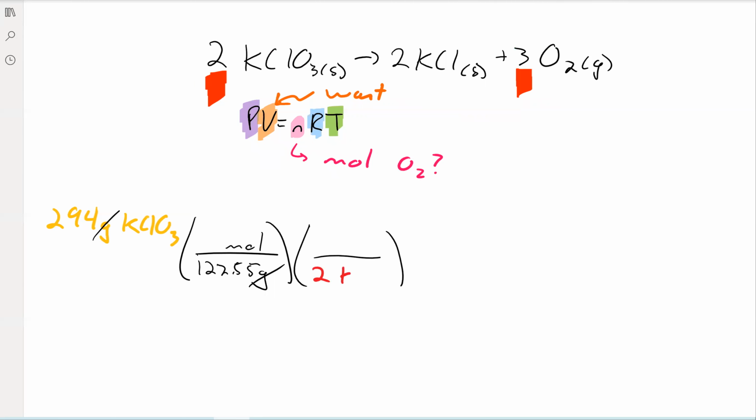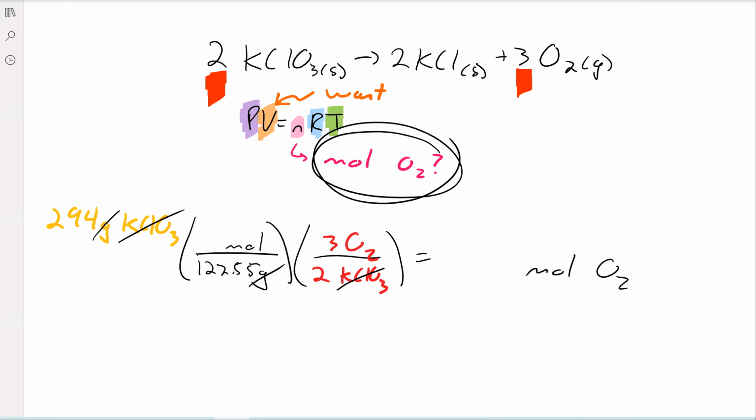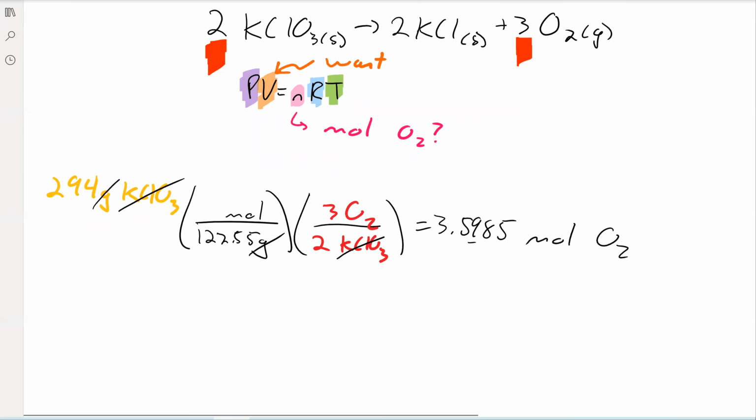For every 2 potassium chlorates, we get 3 O2s, and we can cancel out the potassium chlorates. And now the units that we're left with are our moles of oxygen gas, which is exactly what we need to plug into that equation. So solve through this, you get 3.5985, with this 9 being the sig fig.